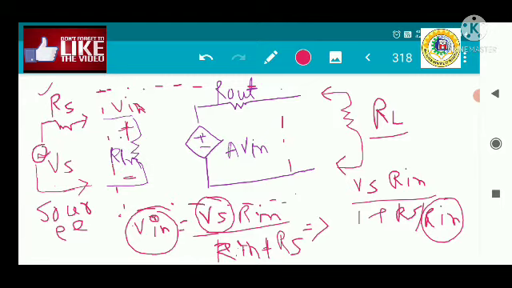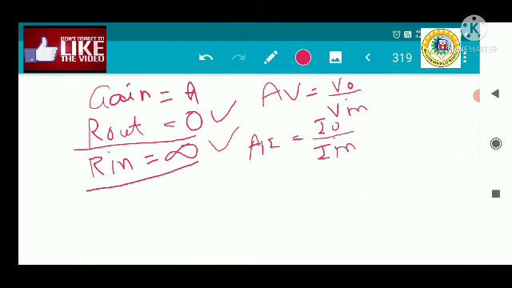So the input resistance must be infinite, so that almost all of the voltage we are providing falls at the input section. That is the case when the input resistance is infinite, and the same logic can be applied to prove why the output resistance is ideally 0 in the case of the amplifier.